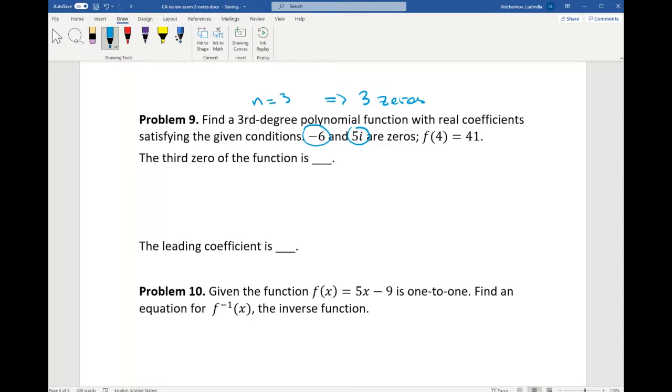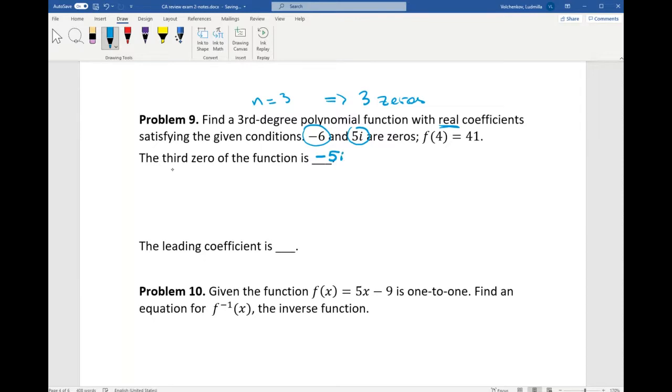But the function has real coefficients. It means that if one of the zeros is a complex number, then there must be a second complex number as a zero. So if we have one zero, which is 5i, we must have another complex zero, -5i.